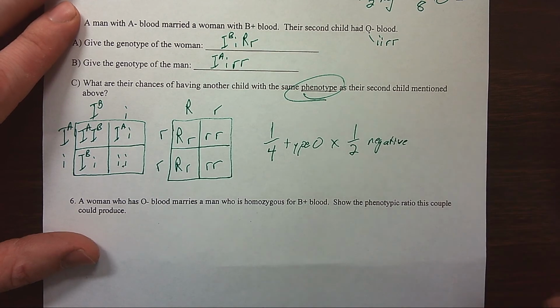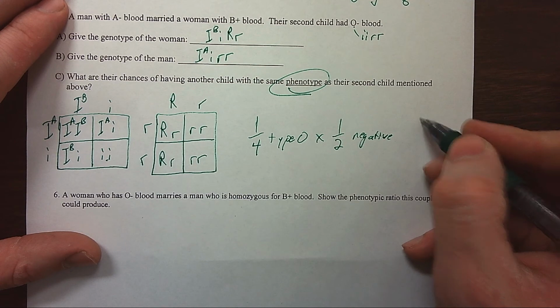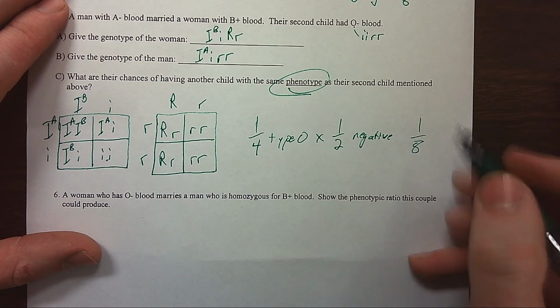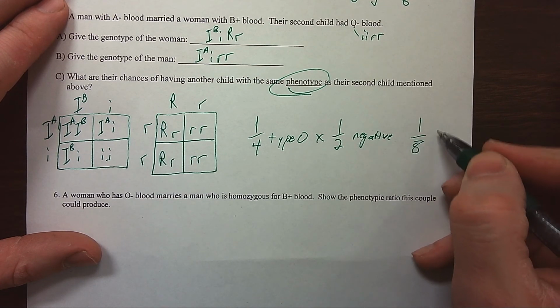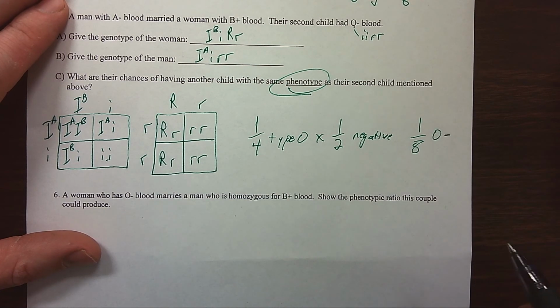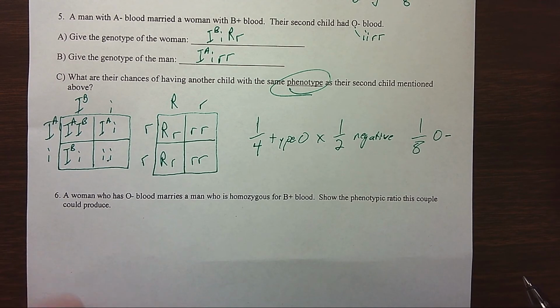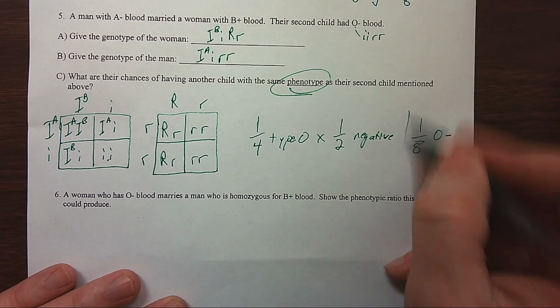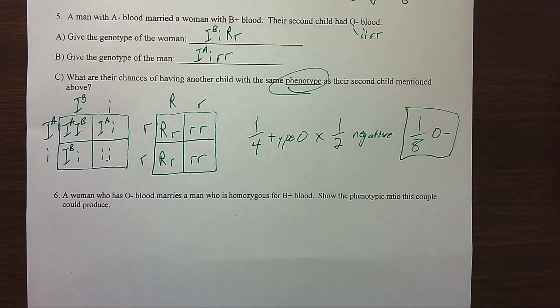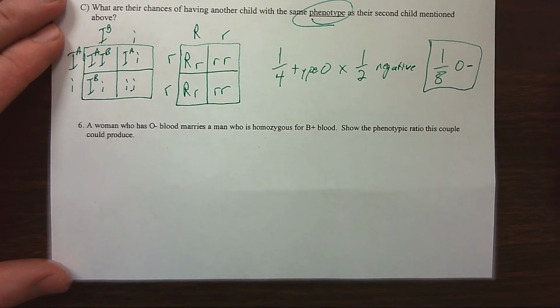All right, and do that math. 1 times 1 is 1. 4 times 2 is 8. For a 1/8 chance of O negative. All right, and that's perfect. 1 in 8 chance. So I would say box that in so I know exactly what your answer is, and that's good. All right, so that saves you all the trouble of doing all that extra calculation.